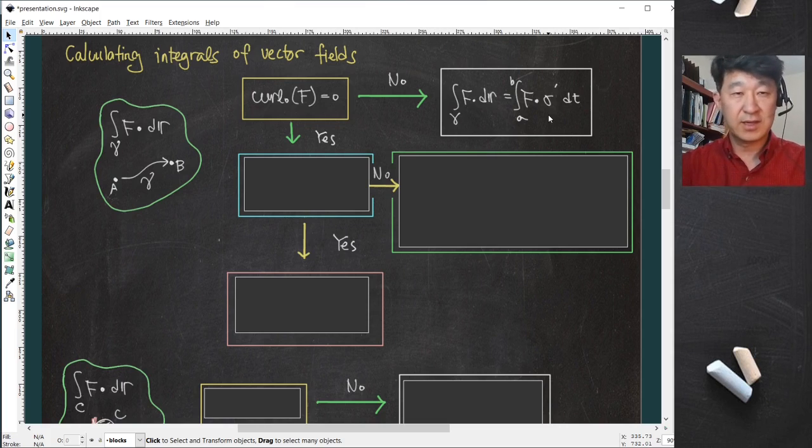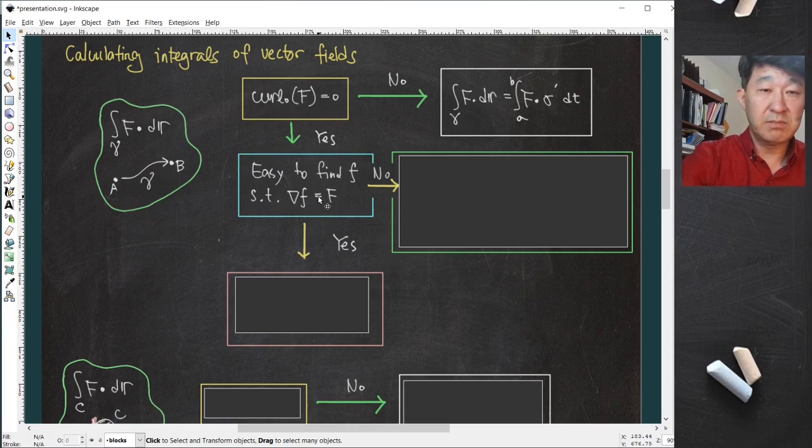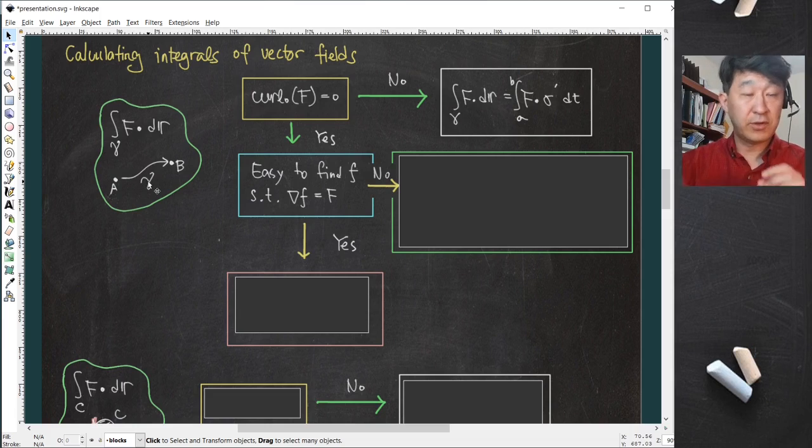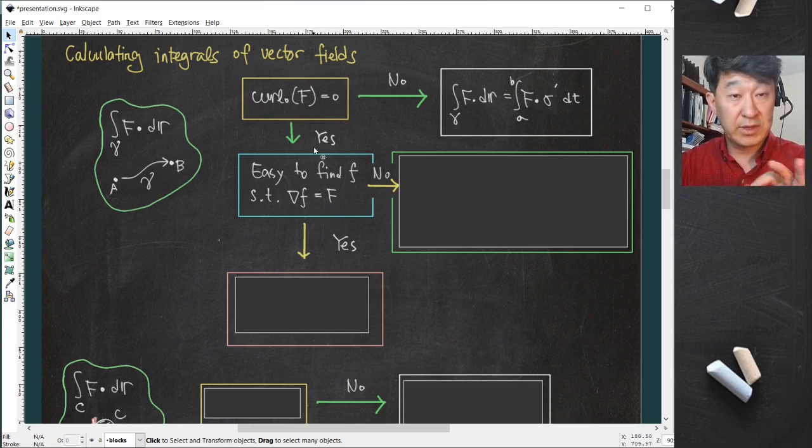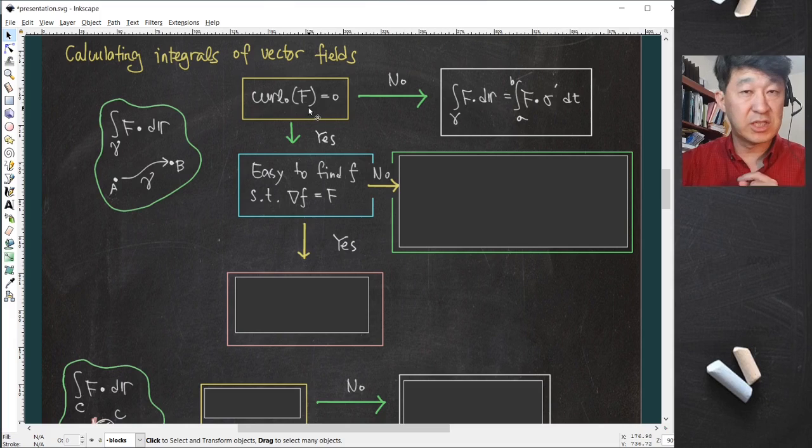That's all you've got. But if the curl is 0, something interesting is happening, and that's what we're doing next. If the curl is 0, it's likely, especially for a path that starts at one point and not necessarily ends at the same point, that you can find a gradient vector field that matches this vector field.